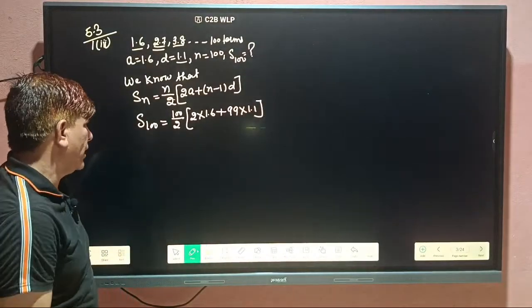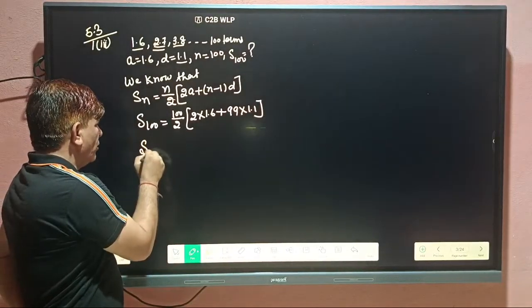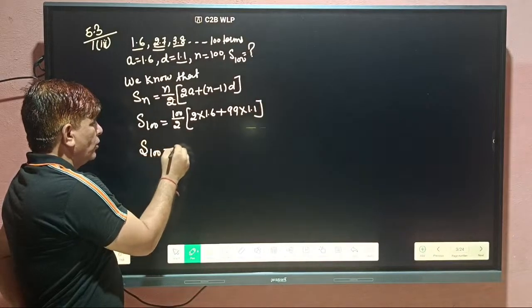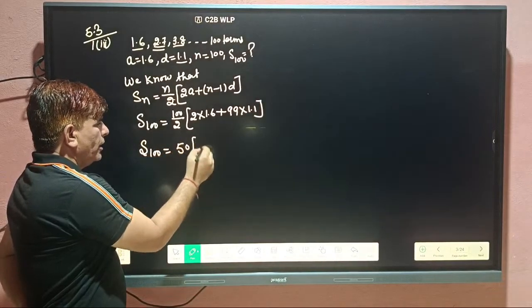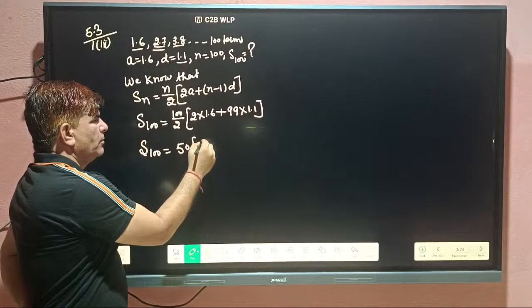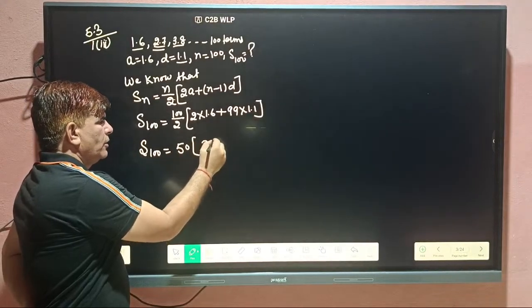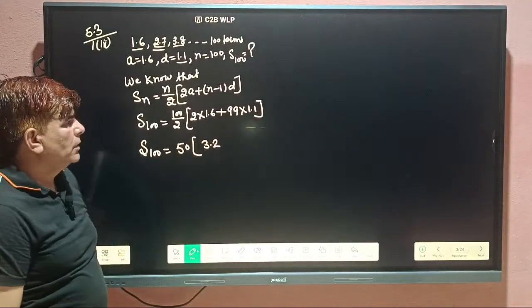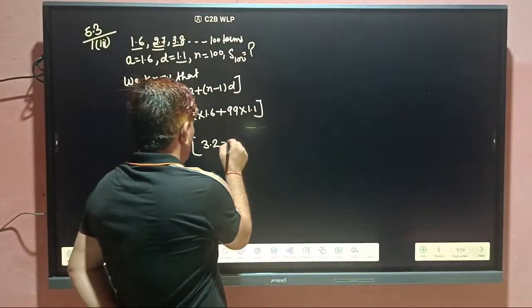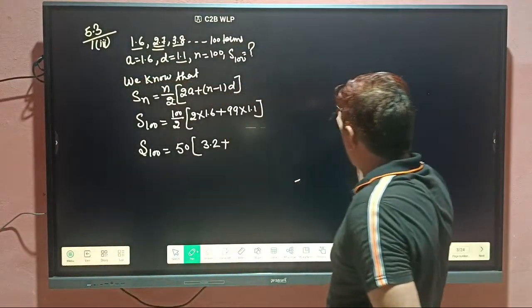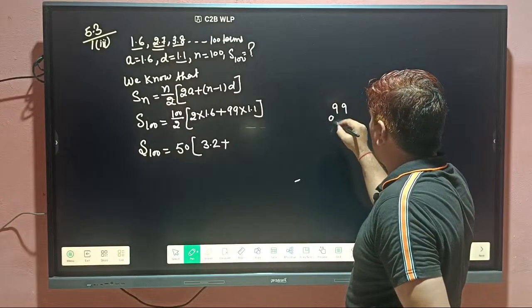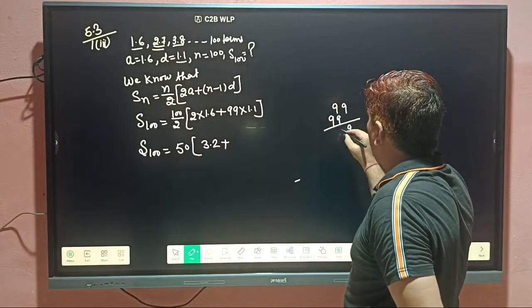If you know how to calculate, you can easily find out. S100 equal to 50. If you multiply this, this becomes 3.2. Understood? And then plus 99 multiplying with 11. So this comes 9, 18.